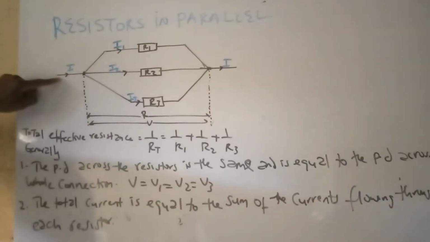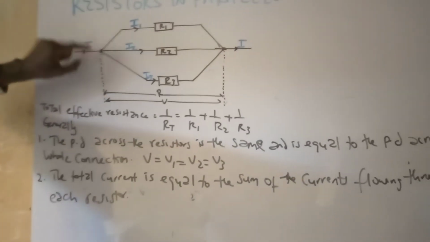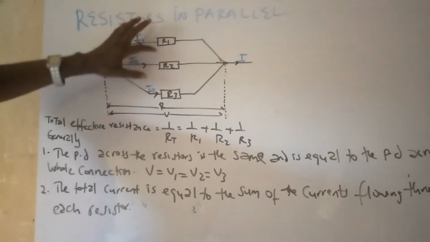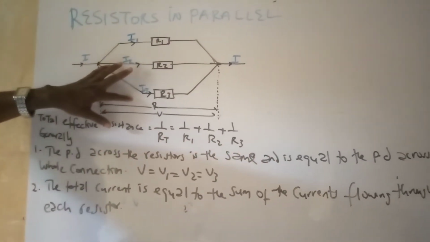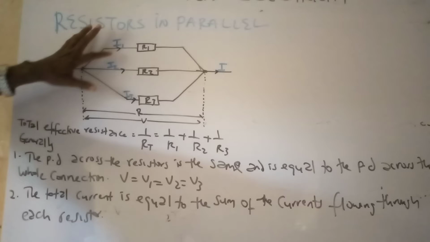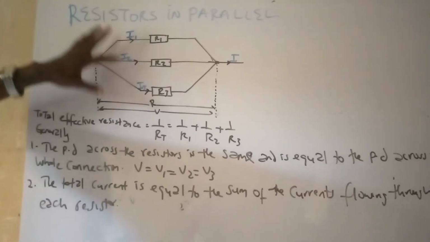When the current enters from the cell or the battery, because the resistors are in parallel, they have different current values, I1, I2, I3.